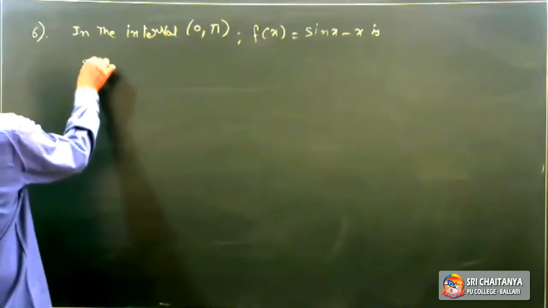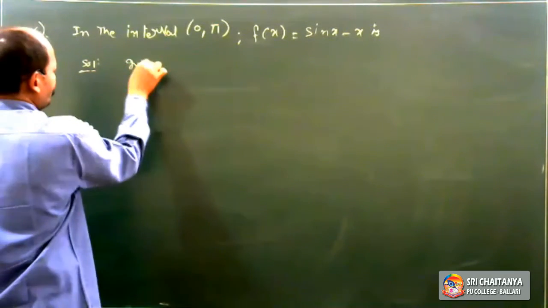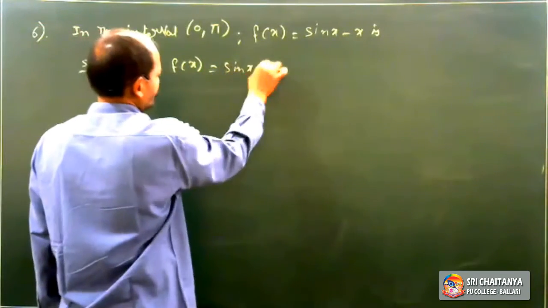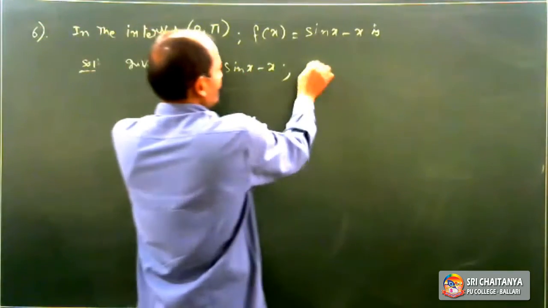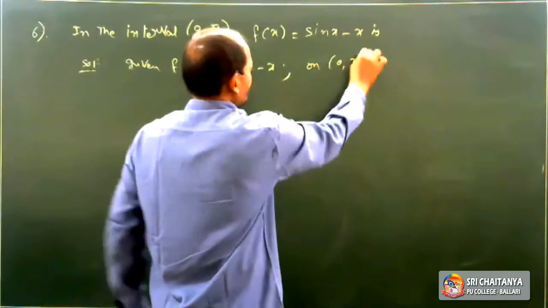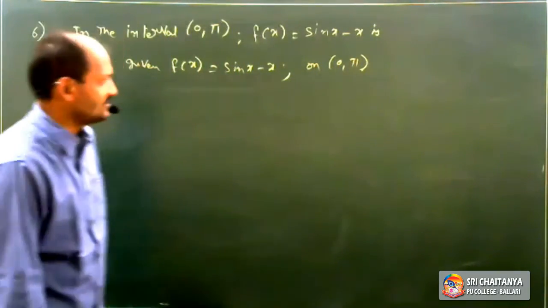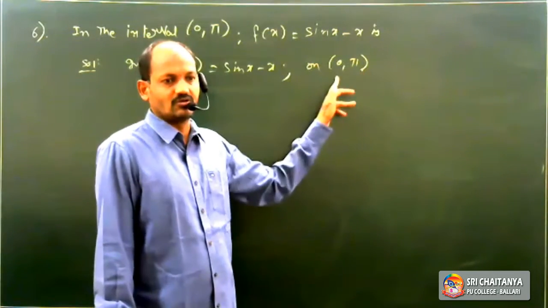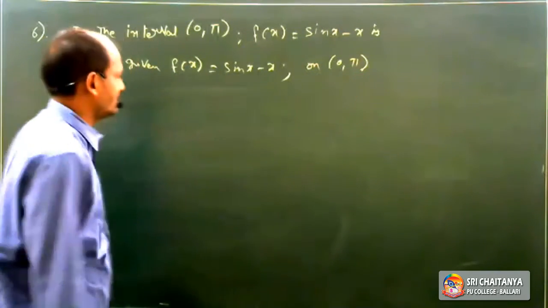So here the given function f of x is sin x minus x, on the interval 0 comma pi. 0 comma pi means first quadrant and second quadrant, 0 to 180.